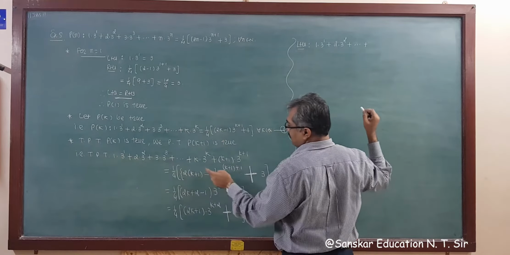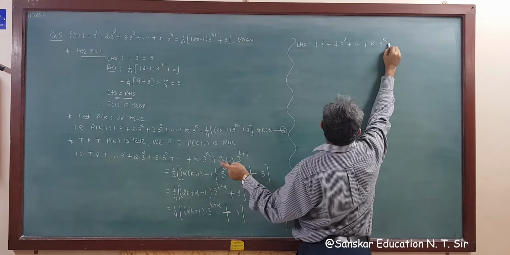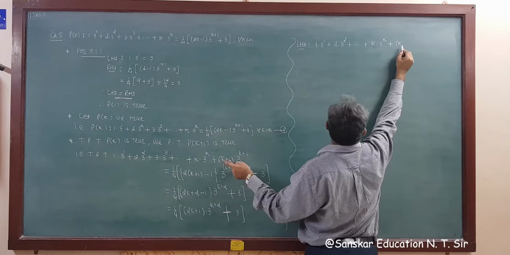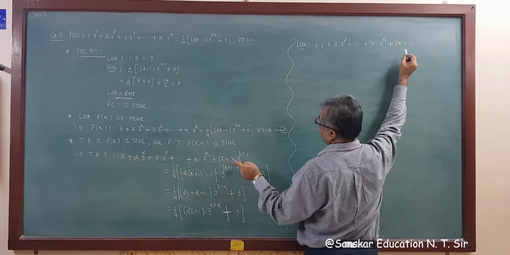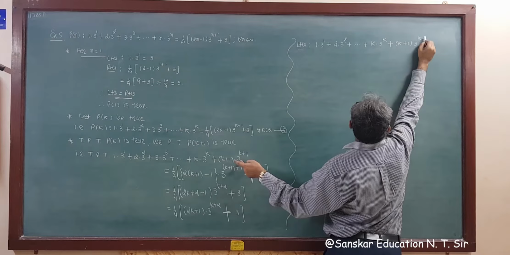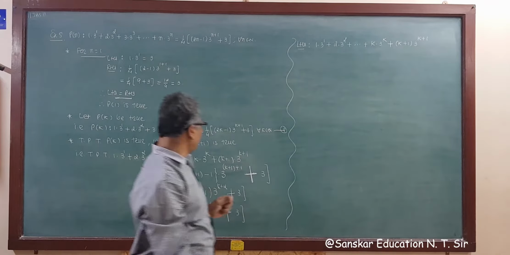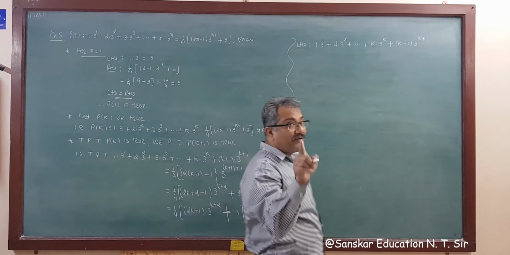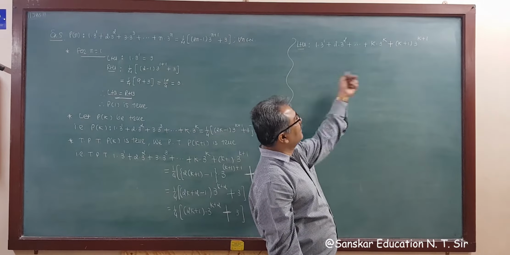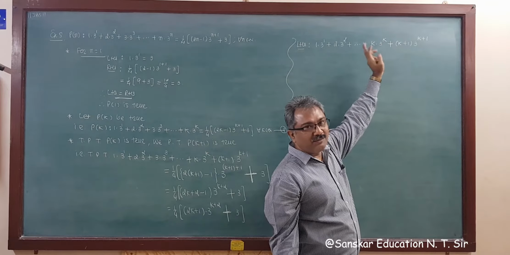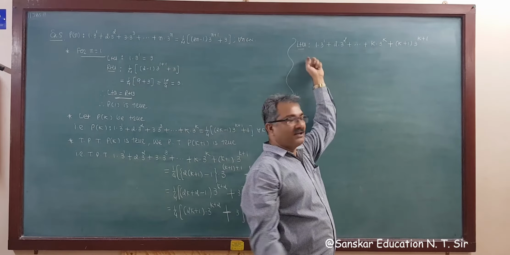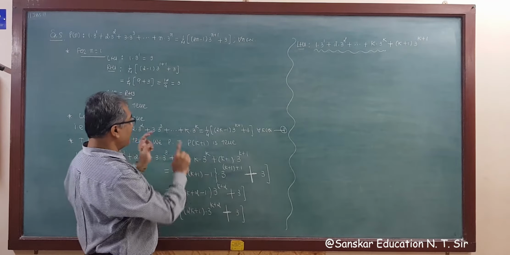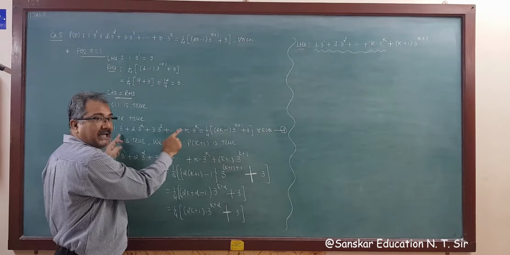This is 3 raised to k and plus k plus 1 into 3 raised to k plus 1. This is left hand side. Now you know that second last term, from second last term to first term is always your result number 1, that is pk.